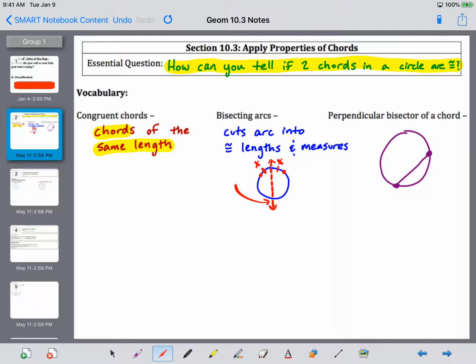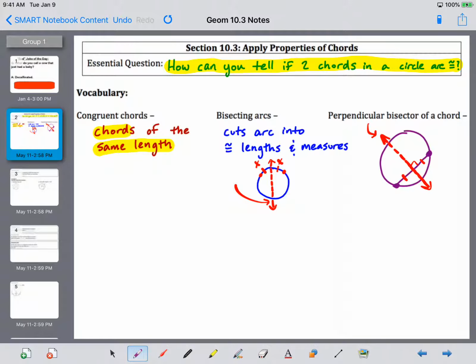A perpendicular bisector of that chord is going to be perpendicular to it, first of all, and then it is also going to be cutting it into two congruent pieces. So this line here is what we would call the perpendicular bisector of a chord.